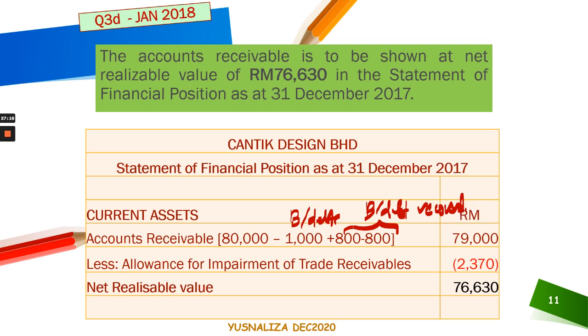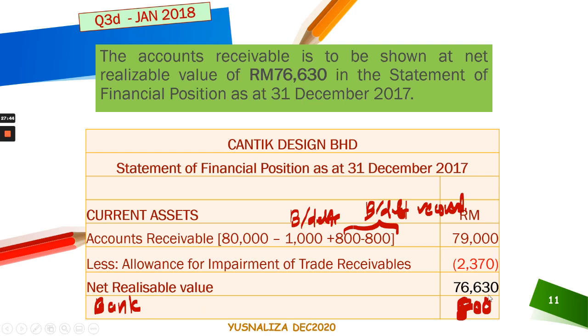And do not forget, if possible, please also include your bank balance. In our case, no other bank balance is given, so we assume the bank balance is 800. Why 800? Due to the journal entry related to recovery of bad debts: debit bank, credit account receivable. So this gives an extra 800.